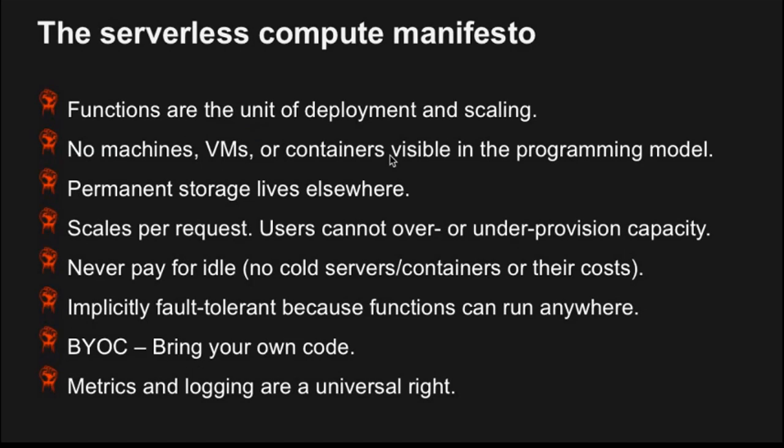If you look at the serverless compute manifesto that we released during re:Invent last year, it primarily focused on function execution as a unit of deployment and scale, where you're taking advantage of on-demand compute and not worrying about scale or state management. You can bring your own code and develop your own services.